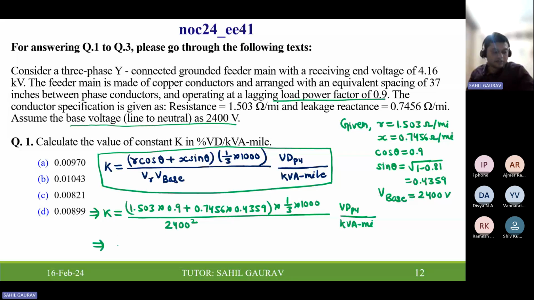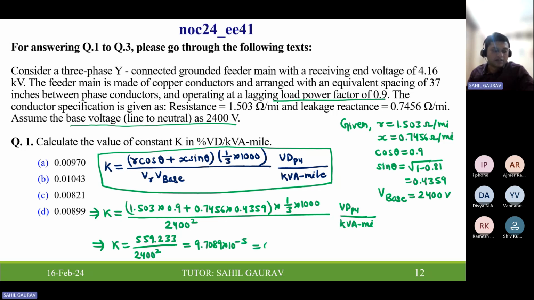So it will come out as 559.233 upon 2400 square. So 9.7089 into 10 to the power minus 5.